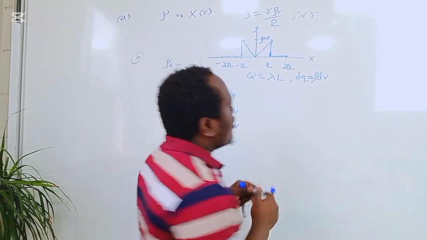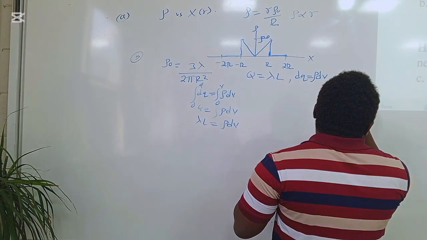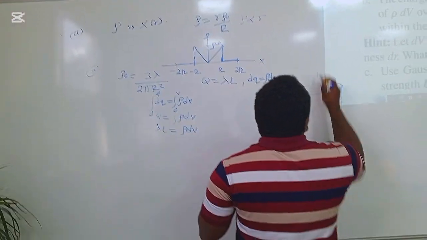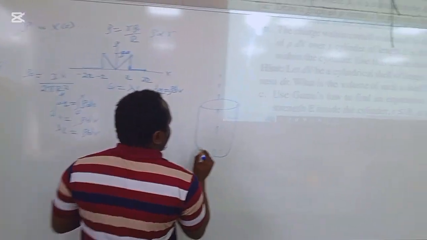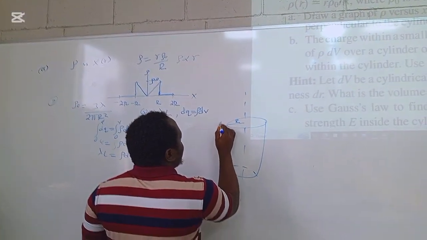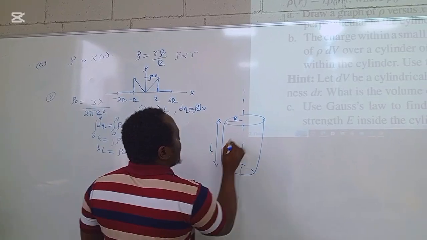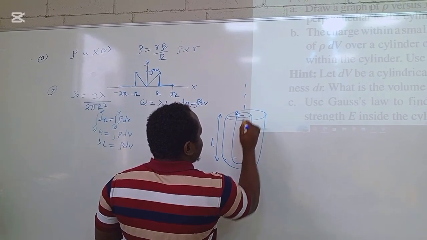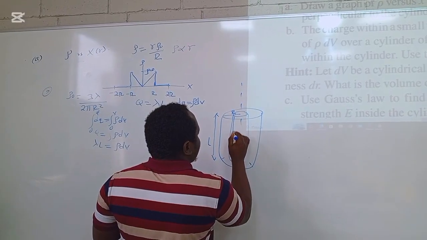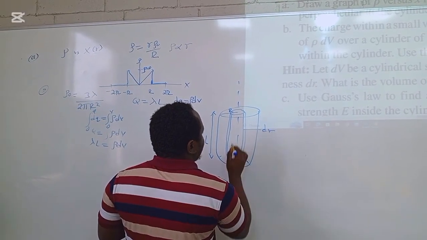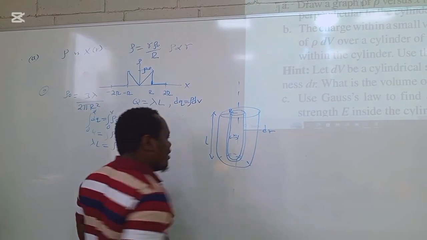So we have been told to assume this is a cylinder with an axis, with radius R capital, with length L, but inside of this we can draw another cylinder like this, with a thickness like this, dr, with a small r.